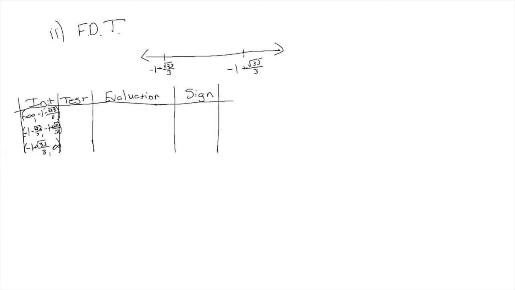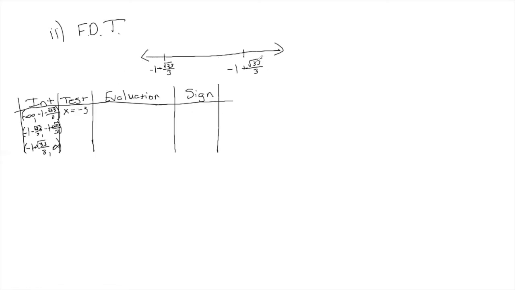I need a point in each of these. If you think about it a little bit, -1 minus square root 33 over 3 is a little bit greater than -3. So an example of a point which lives in here is -3. To be safe, you can pick like -4 or -5, but I'm just trying to pick the smallest possible numbers I can.